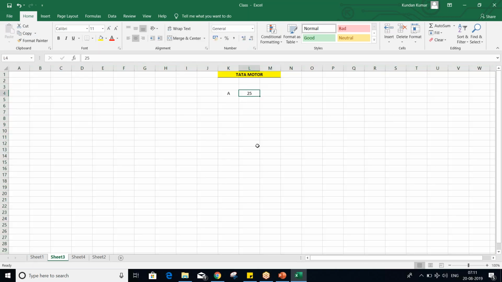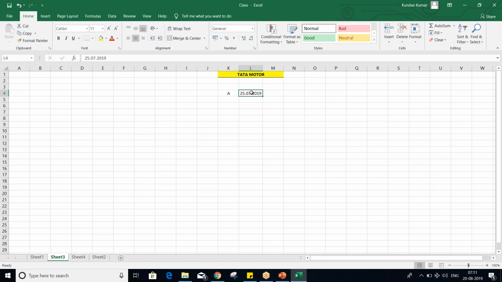Okay, so now here, we have received the invoice on this date. If the invoice was received on the 25th, then it was supposed to be posted or recorded on the same date.